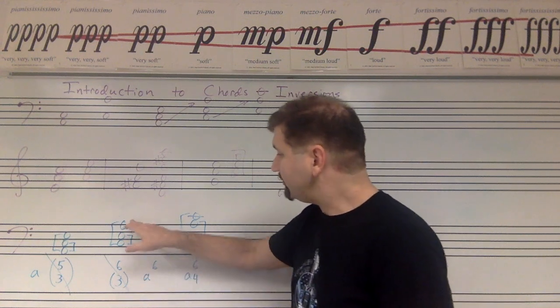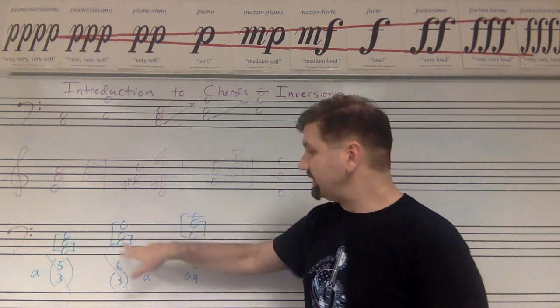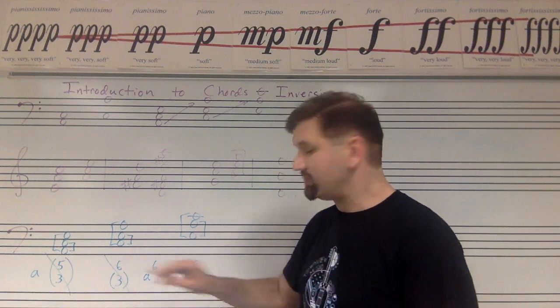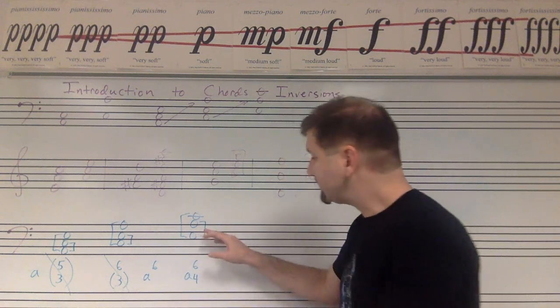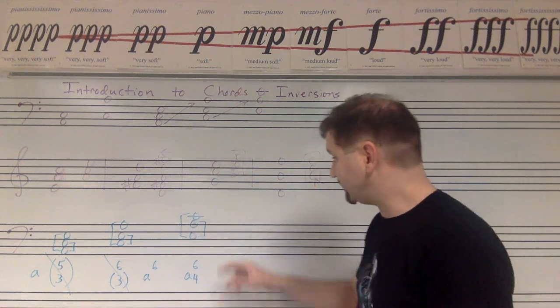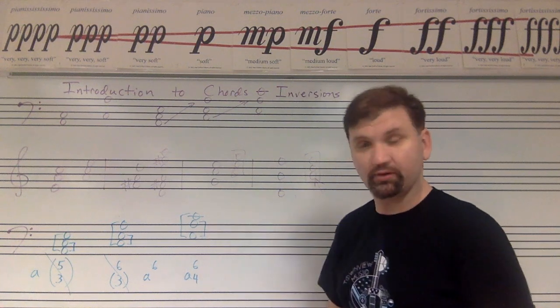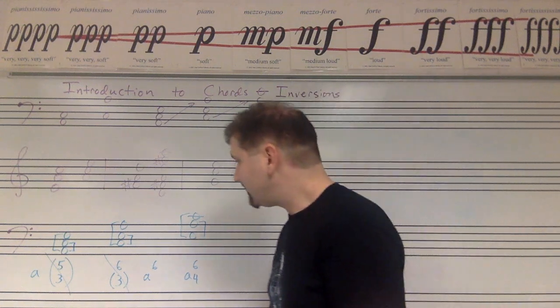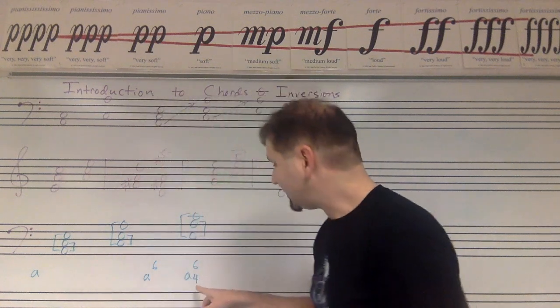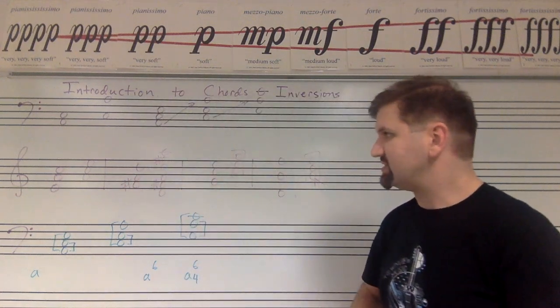In the second, I moved one note, so I specify what I changed: it became a sixth. In the third, both notes have been moved, so I specify both intervals. They became a sixth and a fourth. So to recap, first inversion just writes a 6, and second inversion just writes a 6-4.